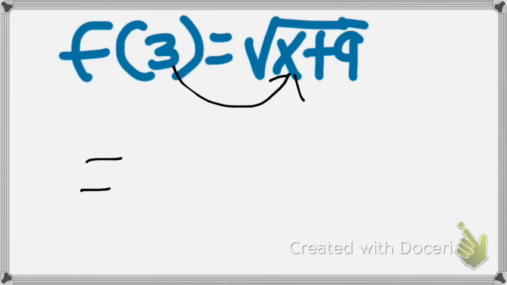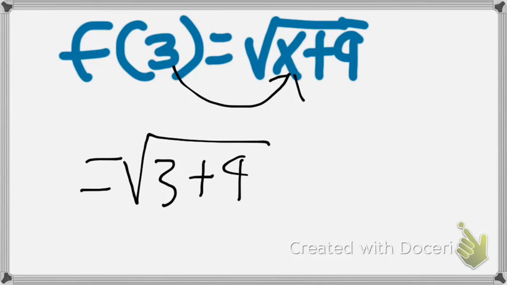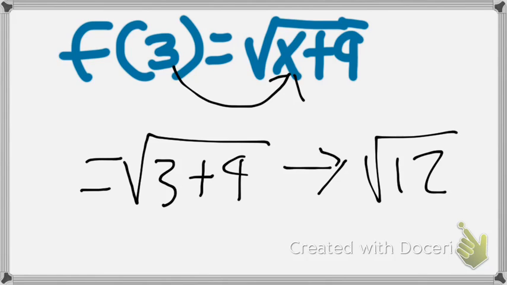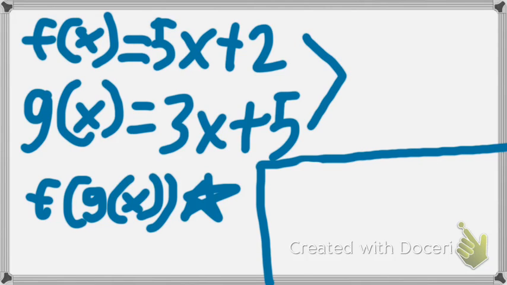So it's going to become the square root of 3 plus 9, and that simplifies to the square root of 12. Since there isn't really a square root of 12 that is a whole number, we're going to keep it as the square root of 12. So, on to the next one.